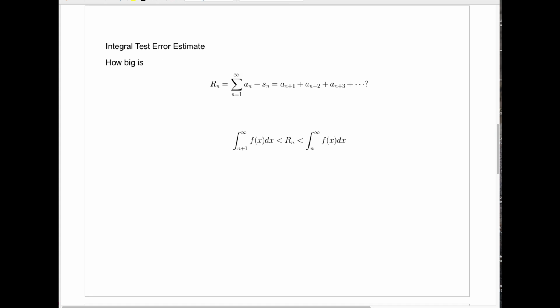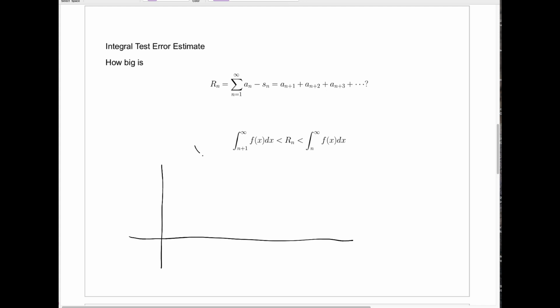So how can we use an integral to approximate the size of this error, R sub n, which is a sub n plus 1 plus a sub n plus 2, etc.? Well, I claim that that error, R sub n, is always going to be between the integral from n plus 1 to infinity of f of x dx and the integral from n to infinity of f of x dx. And we can see that that's true by drawing a picture that's very similar to the picture we used at first.